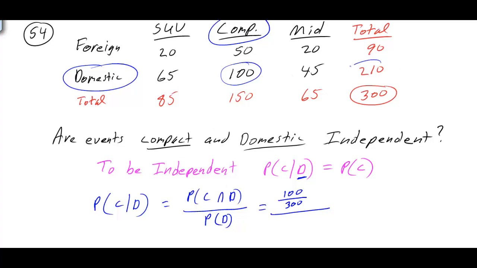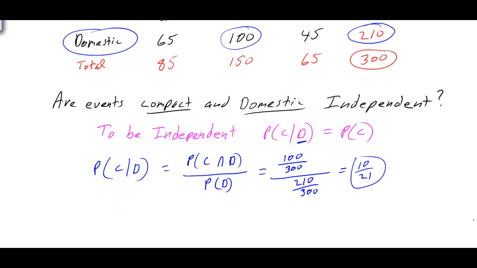Well, the total domestic cars would be 210, and that again is out of 300. And if we simplify this, we would end up with 10 out of 21.